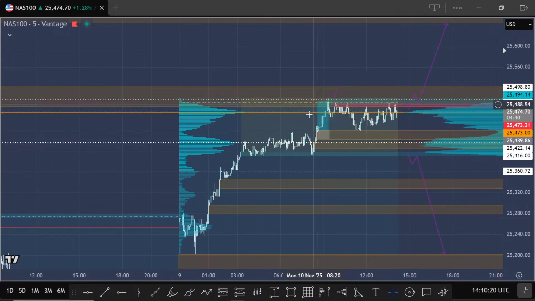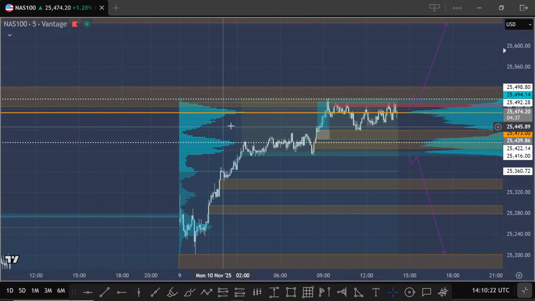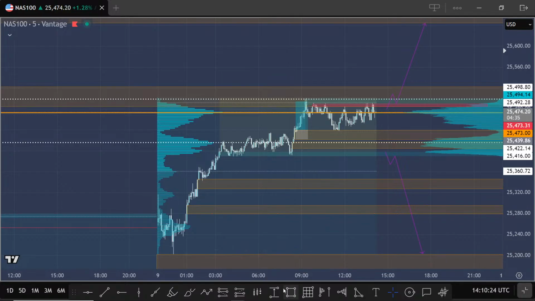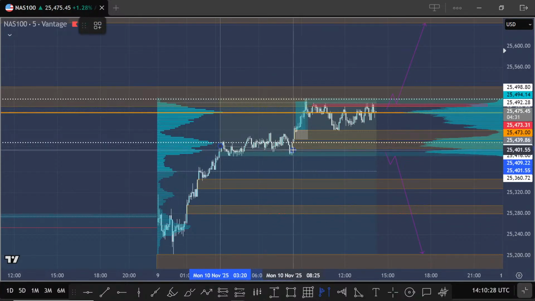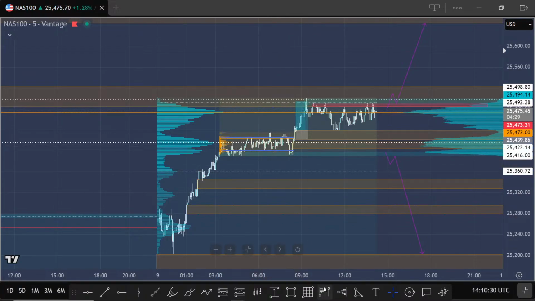We've got our value area, which arguably you could split into two value areas, or two little ranges like that.